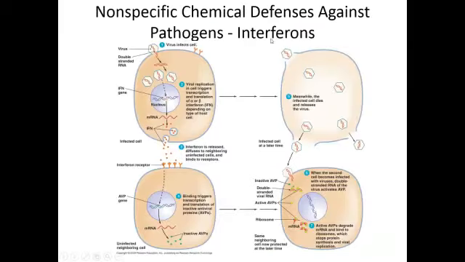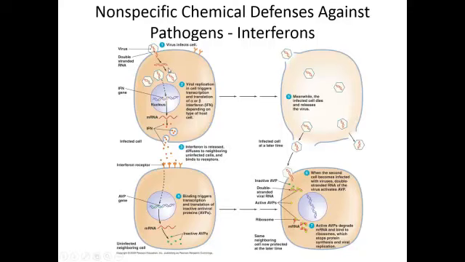Next up, interferons. Interferons, in broad overview, are chemical signals that protect cells that are near virally infected cells. So let's take a look at how this happens. Here's this cell, and it's become infected with, in this case, a virus that has double-stranded RNA.